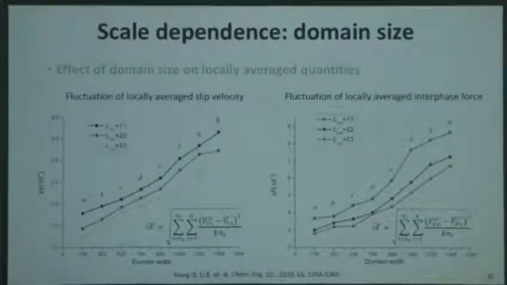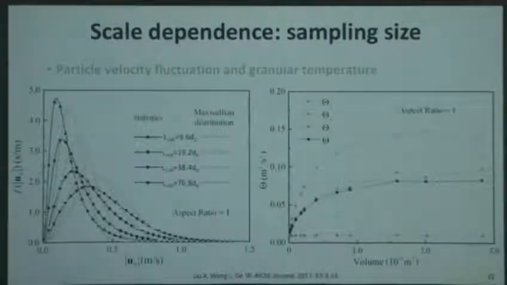But you can also find the fluctuation in other quantities changes very significantly with the domain size. And this is one side of the scale dependence. Even with the same domain size, when you have different sampling scales, you also have different behaviors.